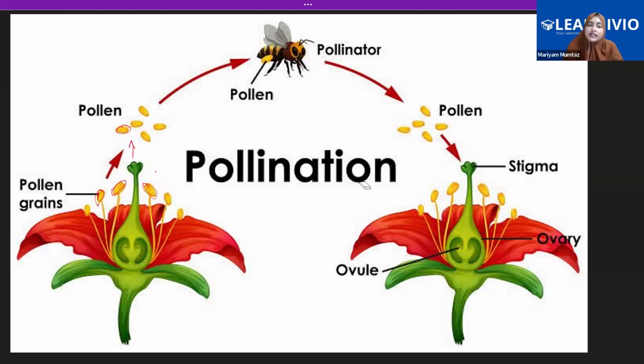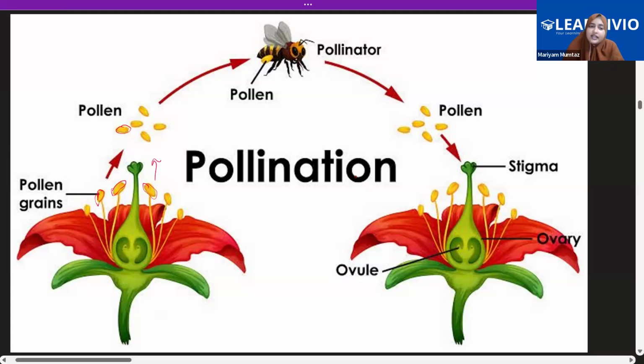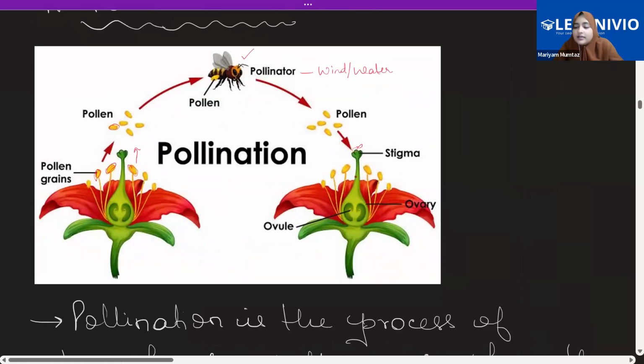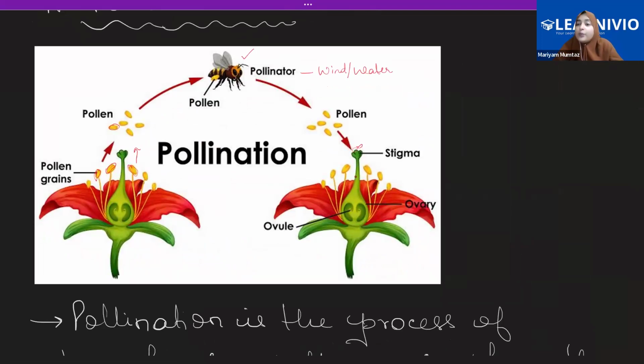Now, they get released from this flower, and either with the help of an insect or the wind or the water, it could be anything, the pollen could be transferred to the stigma of another flower, and this transferring process is called pollination. Is it clear, students? Now, depending upon from where the pollen grain is coming, the pollination is of various types.